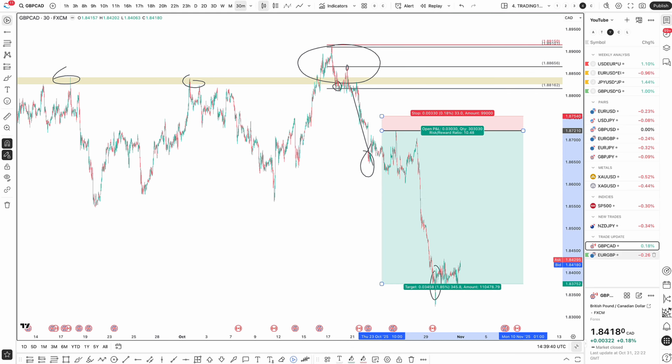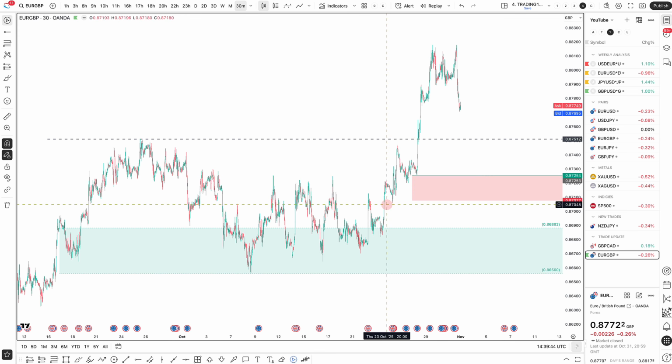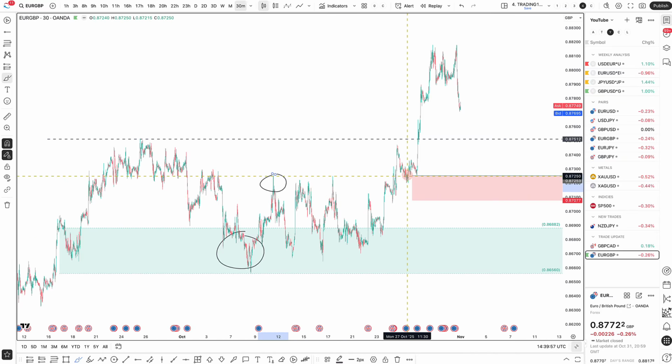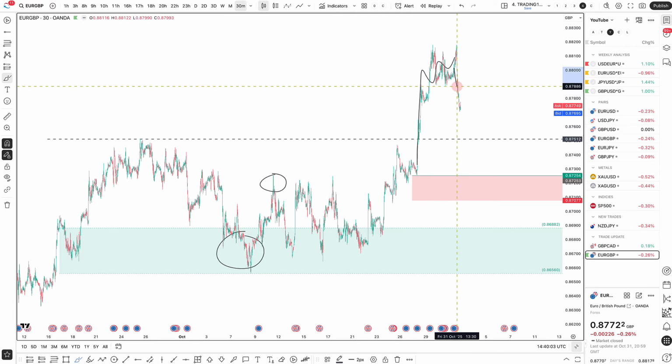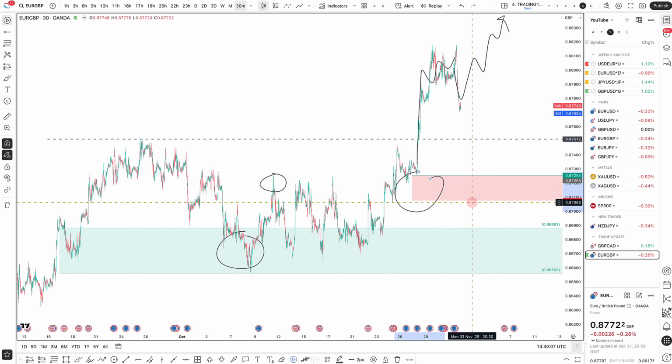And then the euro pound, I'm still in this trade. I've trailed my stop up to around here. My original entry, again, you can go back to where I got in. I think it was around the 8th of October. Managed to take profit, 80% profit off that one position here. And then I'm just basically trading the 20% on this, been holding it for a while, and as we see prices have moved to the upside, if prices continue moving to the upside, then I will continue to just trail my stop up around here.